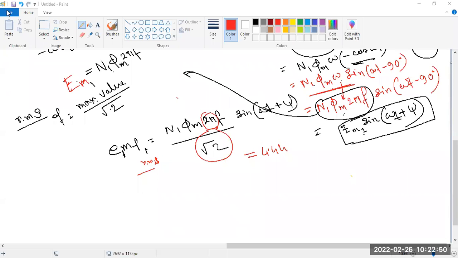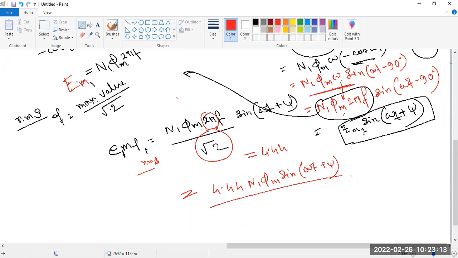So this is 4.44. This equation may be 4.44. Okay, and this is N1 phi m sin omega t plus psi.